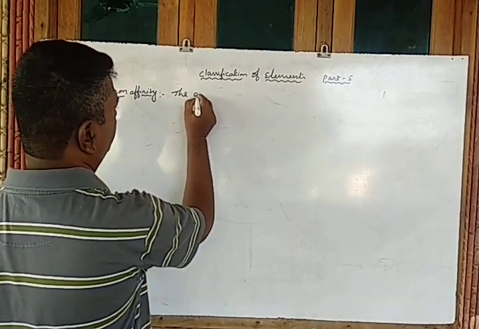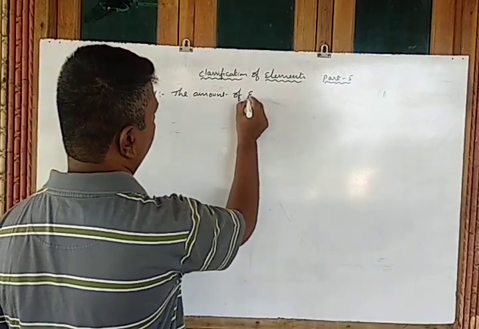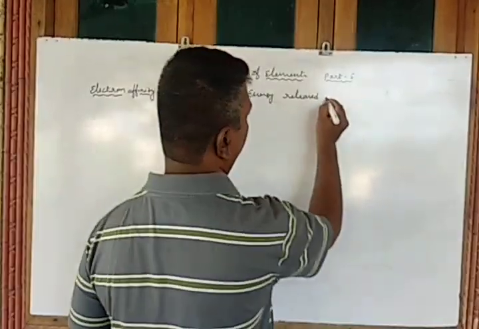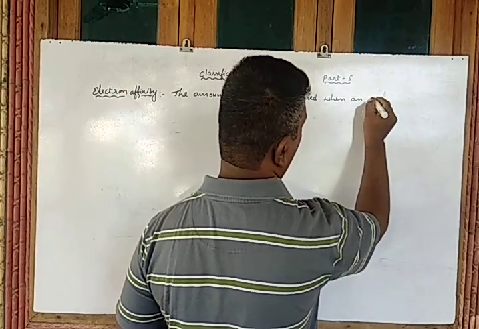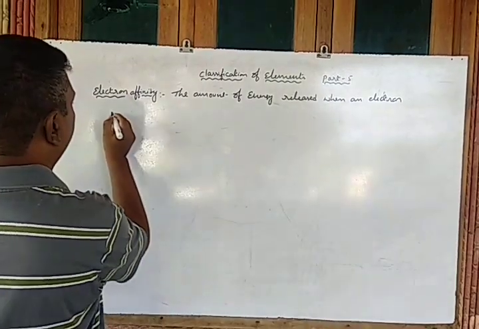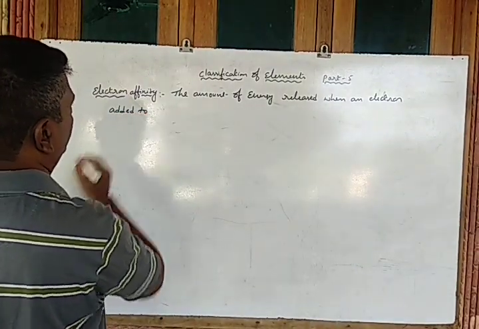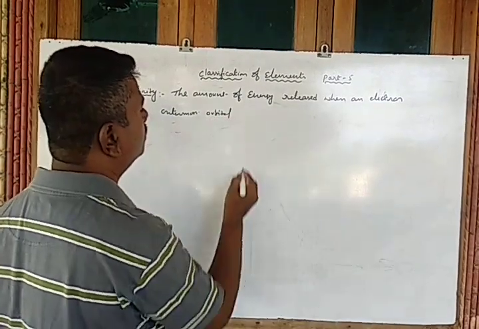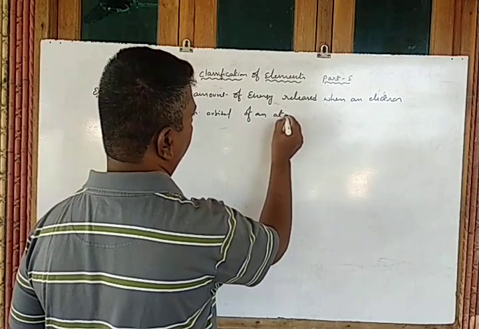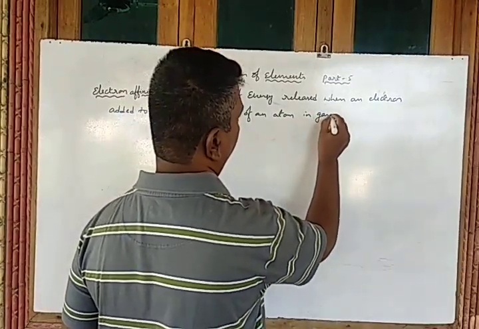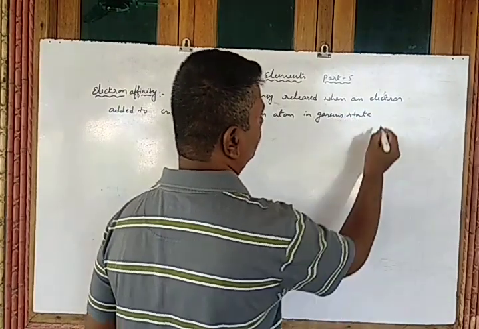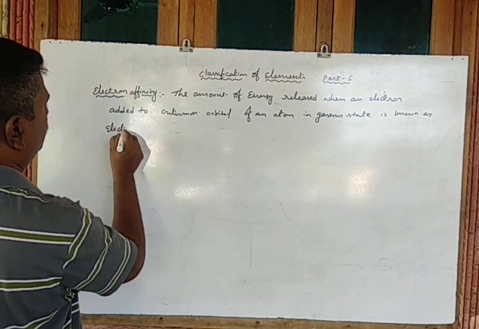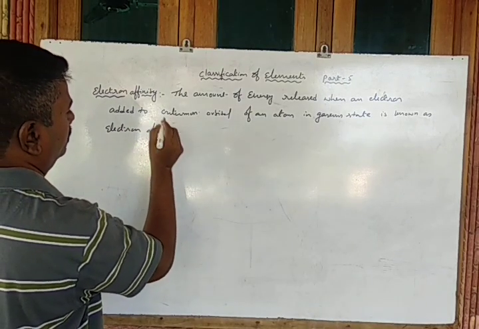The amount of energy released when an electron is added to the outermost orbital of an atom in gaseous state is known as electron affinity.